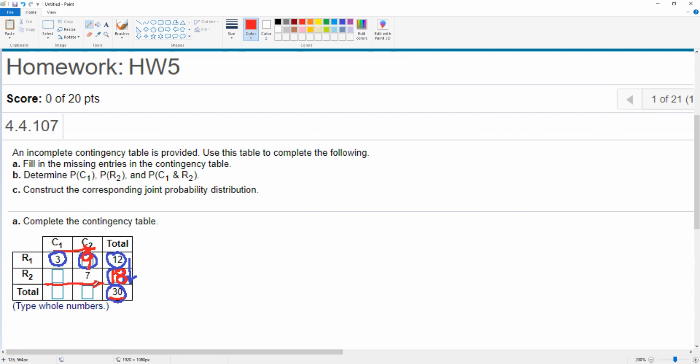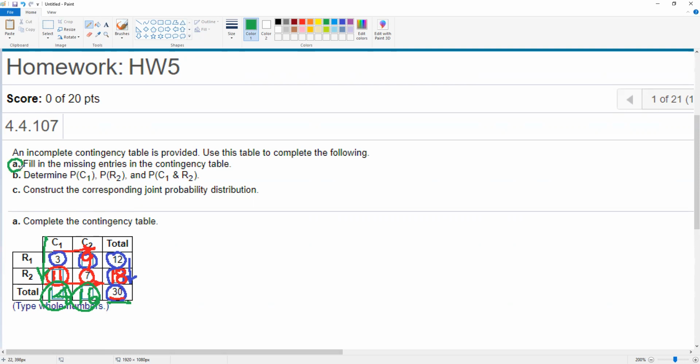This way, something and the 7 must be 18. So the first one must be 11. 11 and 7 will be 18. And now, column-wise, add up. Then the subtotals will be 14 and 16. That will be 30. Okay?